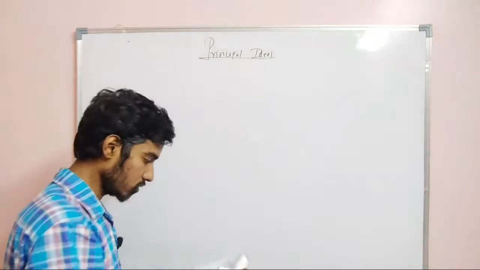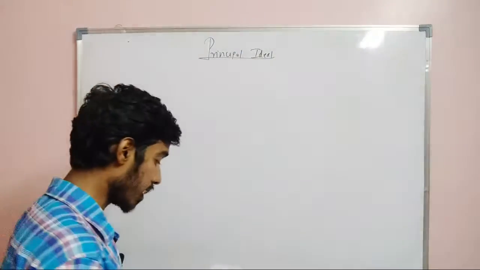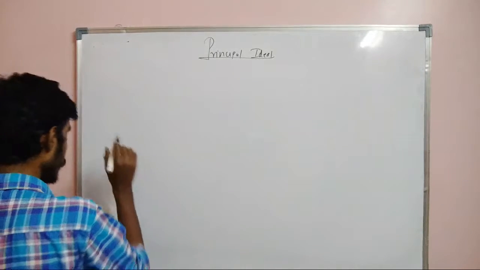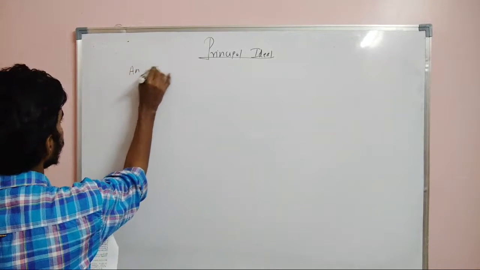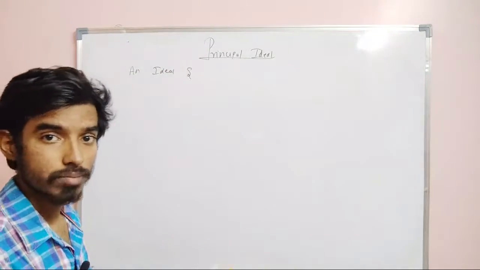So first we will define principal ideal. An ideal S of a ring R is said to be a principal ideal. An ideal, of course it has to be an ideal, then only we can talk about principal ideal.